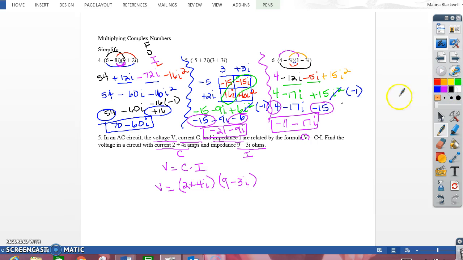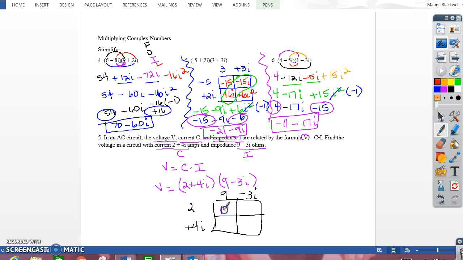So let's do this one. Since I did this one in FOIL, we'll do this one with window pane. So 2 plus 4i times 9 minus 3i. So when I multiply these, again, it's like a multiplication table.